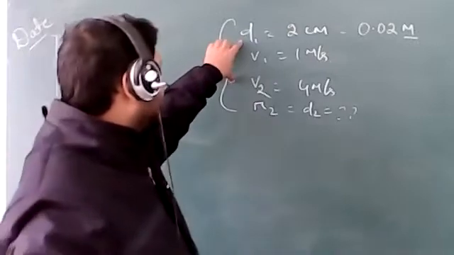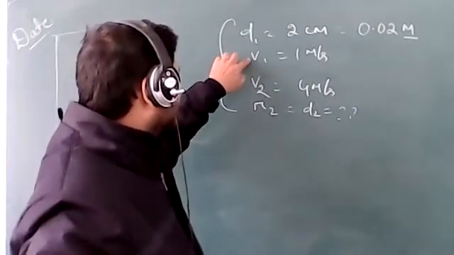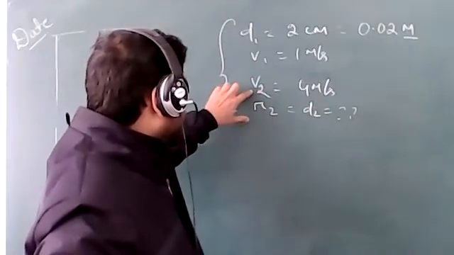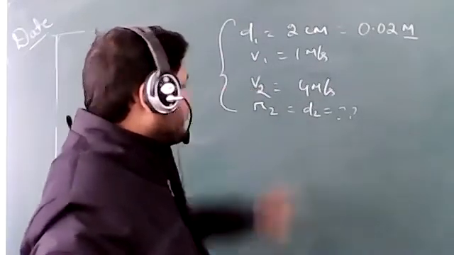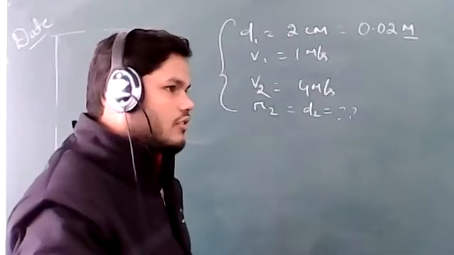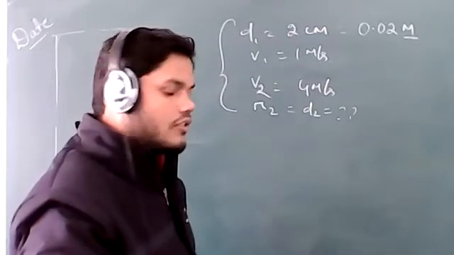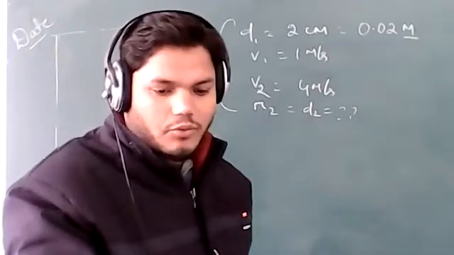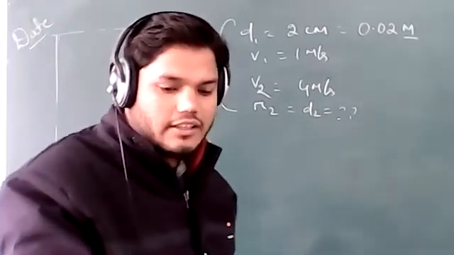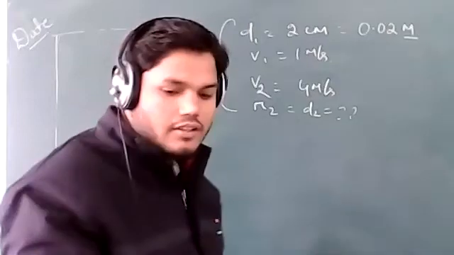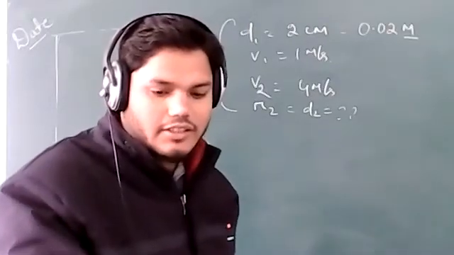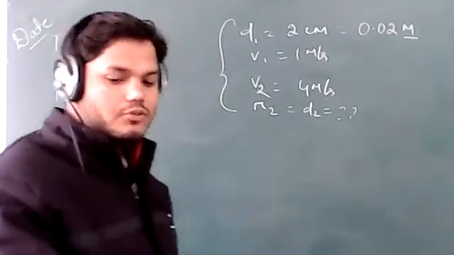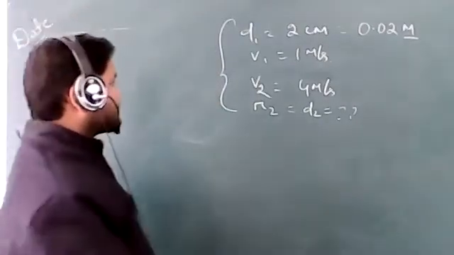The diameter is given, the first velocity is given, the second velocity is also given, and you have to find the radius. Yes, sir. My answer is coming 0.5 centimeter. 0.5 means which, radius or diameter? Diameter. Diameter is 0.5. It is incorrect. The diameter will come to a different answer.